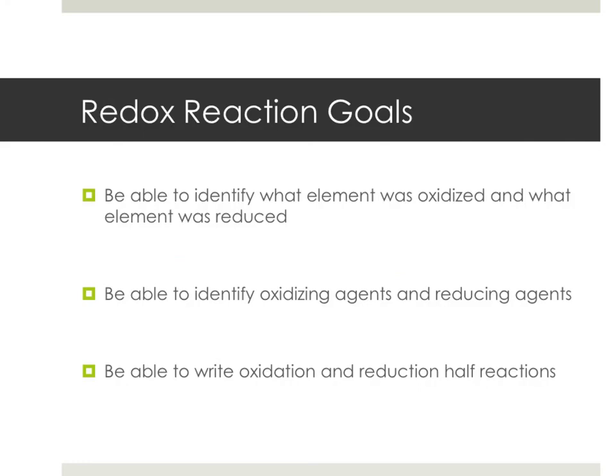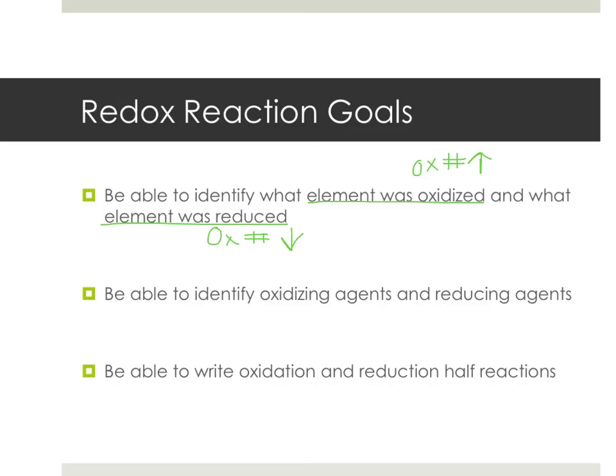This brings us to the end of this video. Let's quickly review our goals. First, we learned how to identify what element was oxidized and what element was reduced. Remember, when an element is oxidized, its oxidation number increases because it's losing electrons, and when an element is reduced, its oxidation number decreases because it's gaining negative electrons.